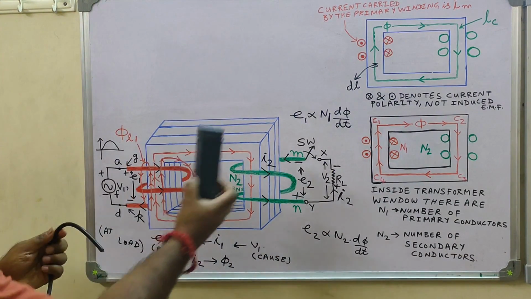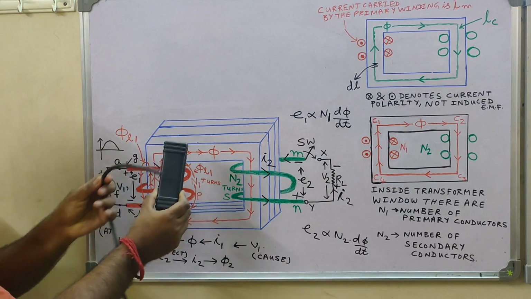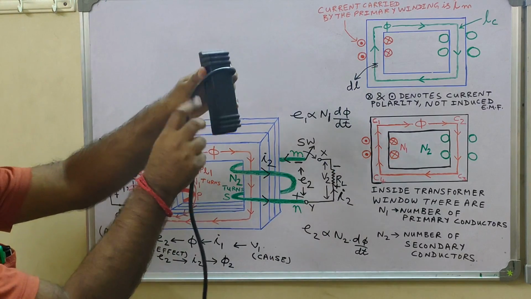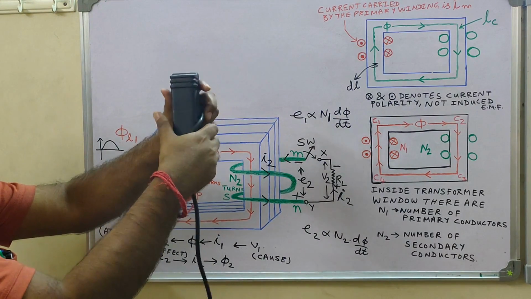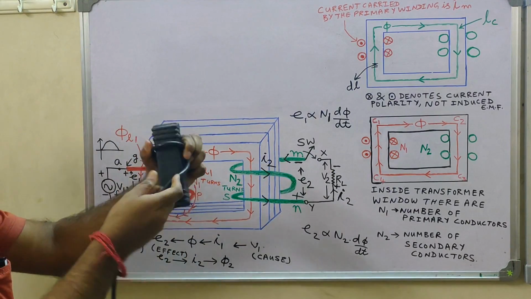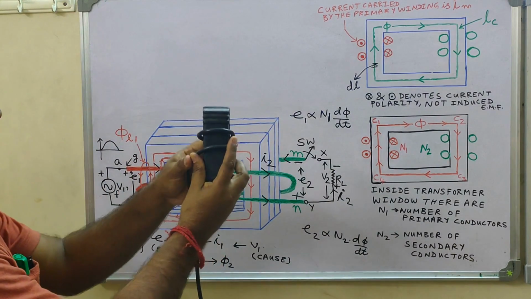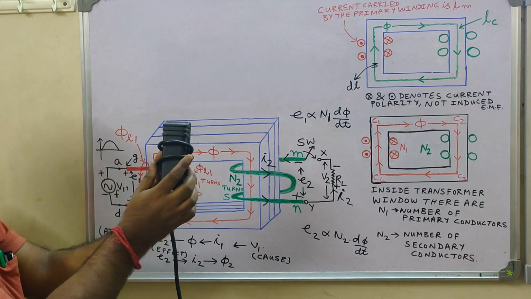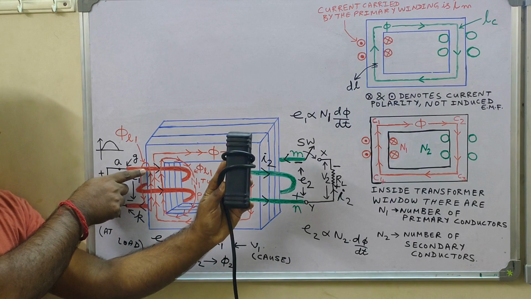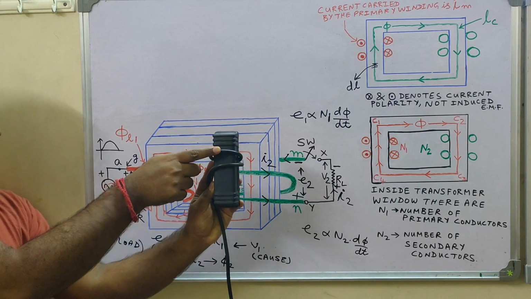You see here, this limb around which the primary coil is wound, let me indicate it over here. You see that the direction of the current through the primary coil is like this.